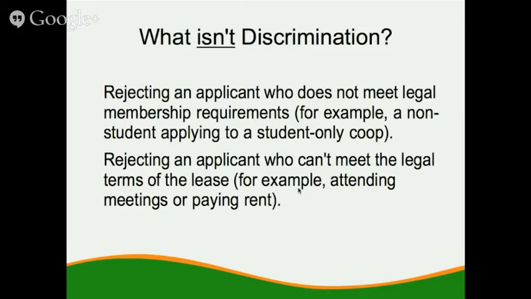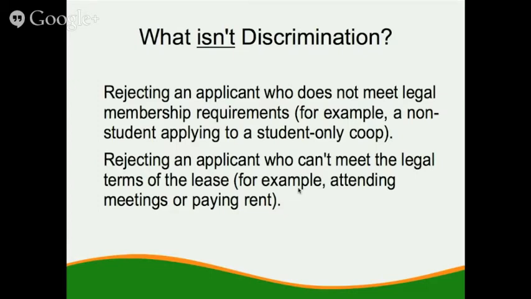If you're a student-only co-op and somebody who's a non-student applies to move in and you reject them, that's fine. You're not discriminating against somebody for some specific reason prohibited by the Fair Housing Act. You're saying we're housing that exists only for students of this educational institution, and you aren't a student of that institution.